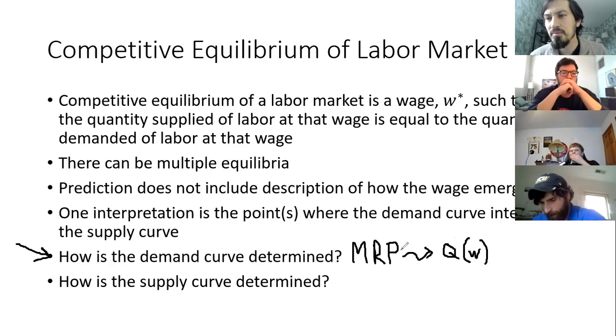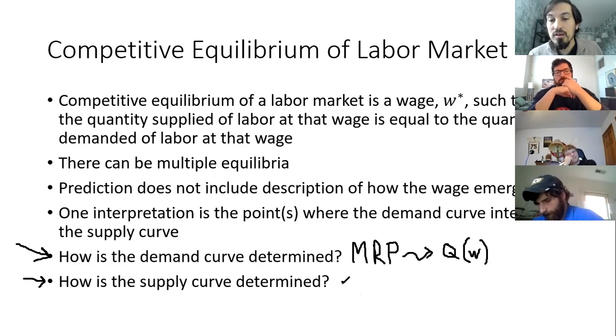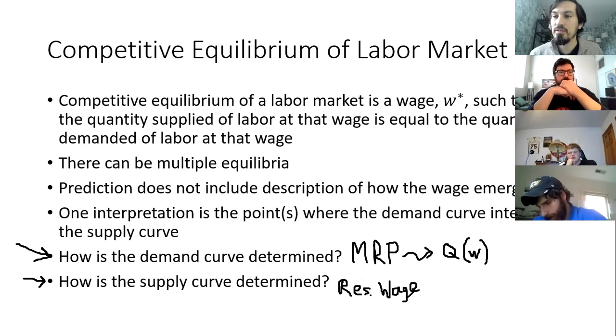And it's actually pretty simple to say. I just don't have time, but I'll show you next class, or we can watch a video. There's a Marginal Revolution video that has a good description of this. How is the supply curve determined? Well, this is going to be that concept that we had before, the reservation wage. It's also sometimes called, what I like to call it, your outside option.